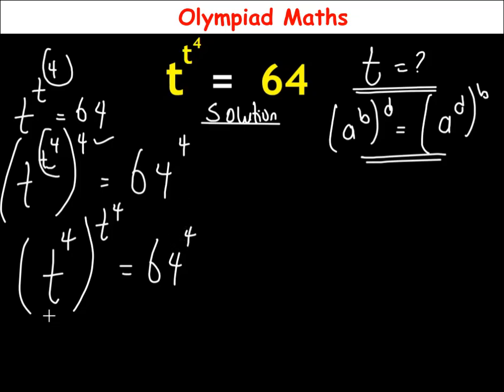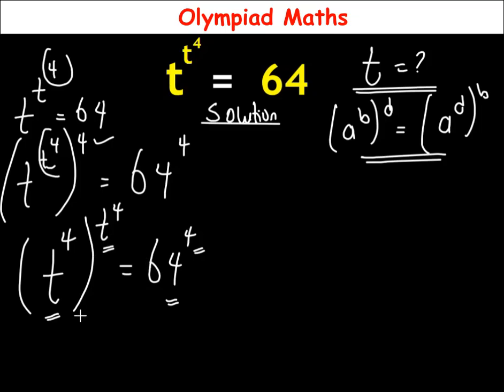With this, looking at the left hand side of the equation, we have t raised to power 4, which is the base, is the same as the exponent t raised to power 4. Now looking at the right hand side, 64, which is the base, is not equal to the exponent. So we're going to make the base on the right hand side also equal to the exponent, same as on the left hand side, such that we can then compare the exponents and solve for the value of t.